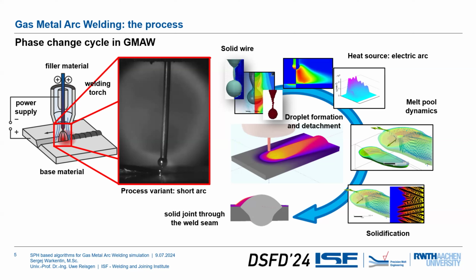The metal is liquid, and also the workpiece is liquid, and we have droplet formation and detachment, and by that also melt pool dynamics. After the solidification, we have here a typical cross section of a weld seam, and with the solidification of the weld seam, a solid joint is produced.